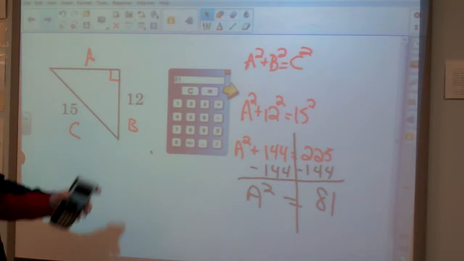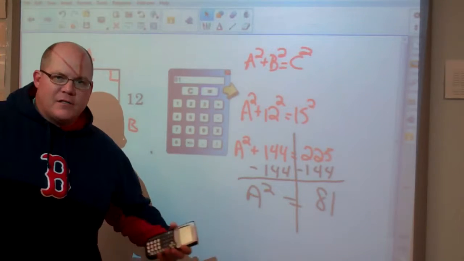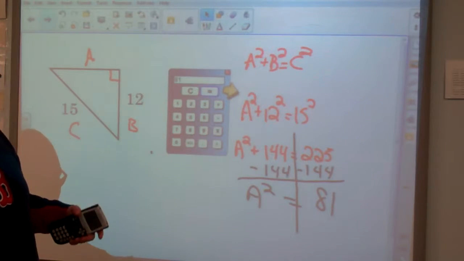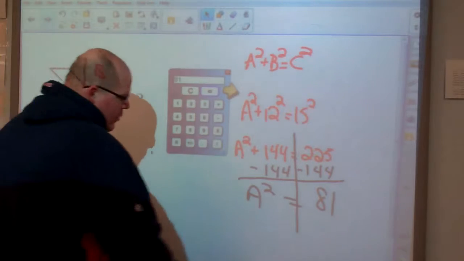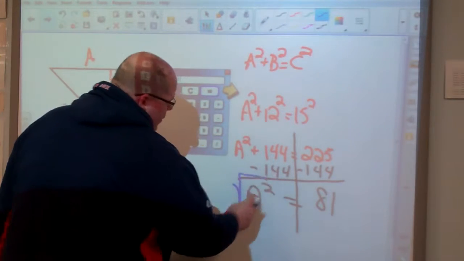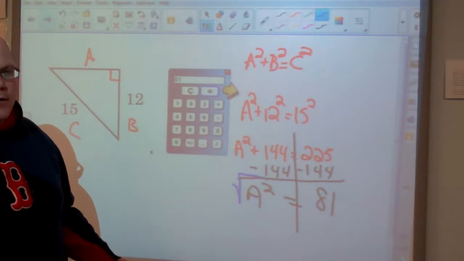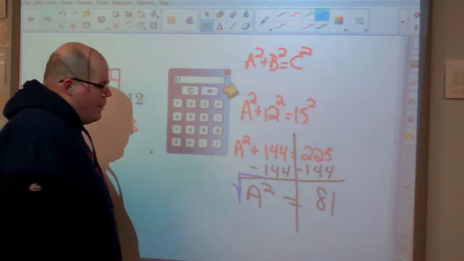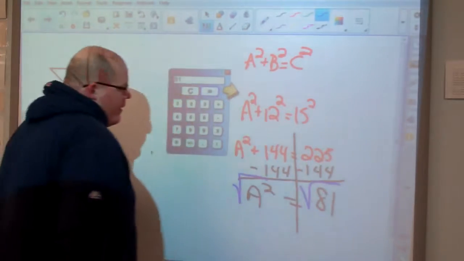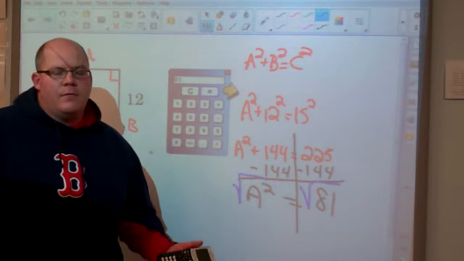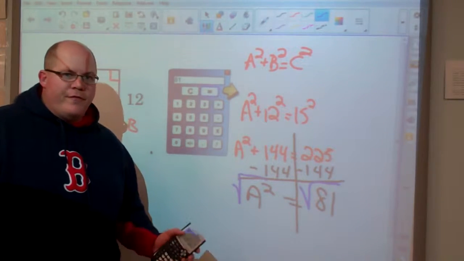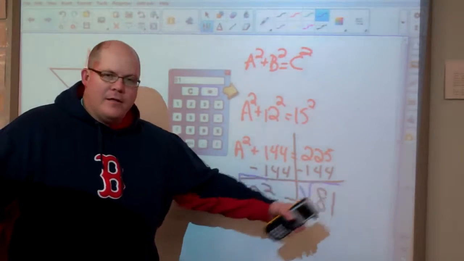But we're not done yet, right? Because I want to find what a is, not what a squared is. So to find what a is, I need to find the square root of a squared, and I also have to find the square root of 81. If we've memorized our squares 1 through 15, we know that 9 squared is 81.